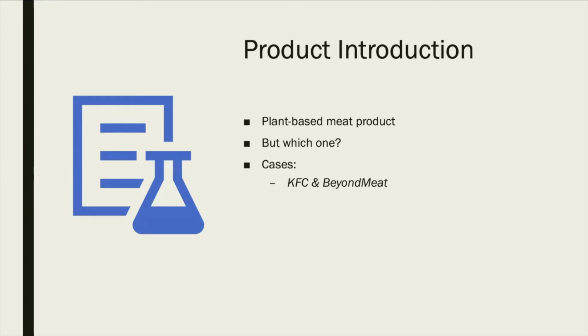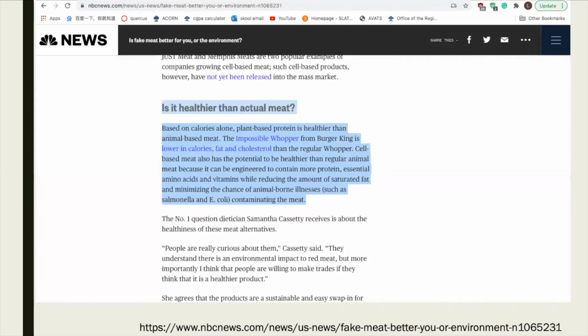So let's look at some of the cases and some of the reports, news articles. This is from CGBC. It says, is fake meat better for you or the environment? Well, let's look at the highlighted portion. He actually says that plant-based meat has the potential to be healthier than regular animal meat because it can be engineered to contain more protein.